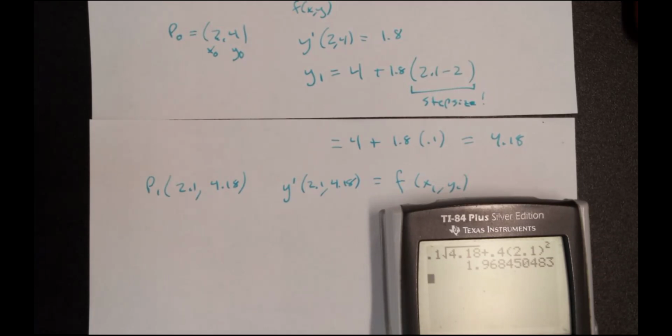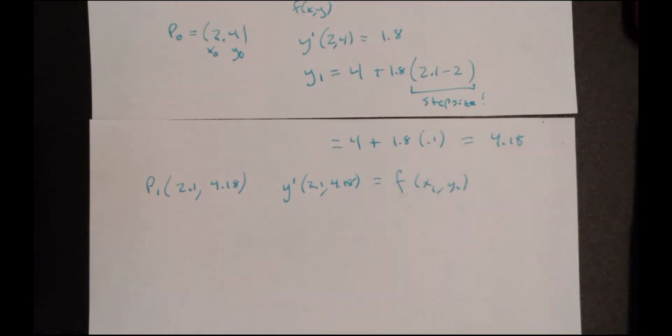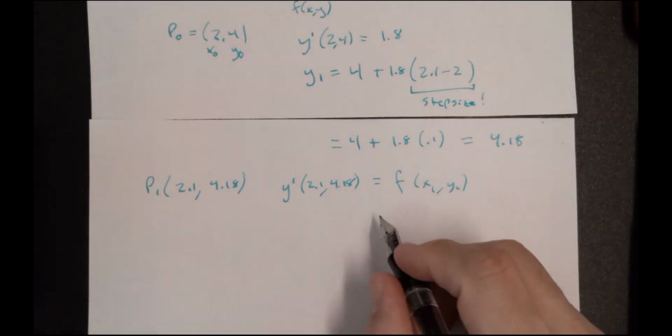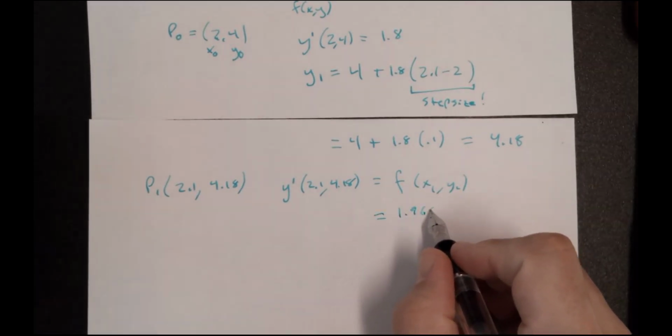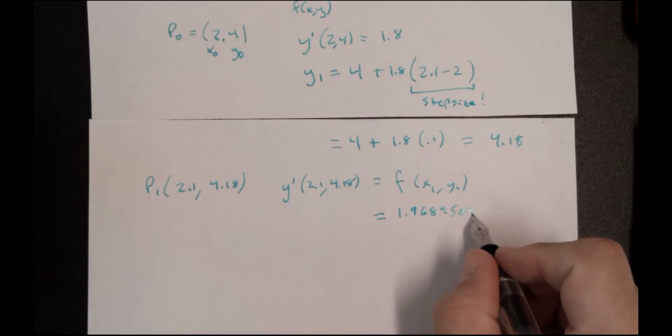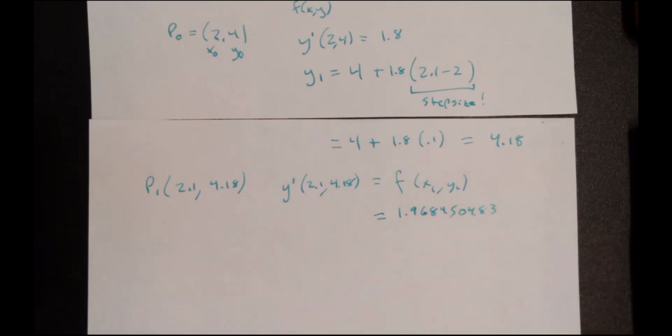Square root of y times 0.1 plus 0.4 times x squared. Billions of decimal places, right? 1.968450483. I'm being pedantic and writing them all down.